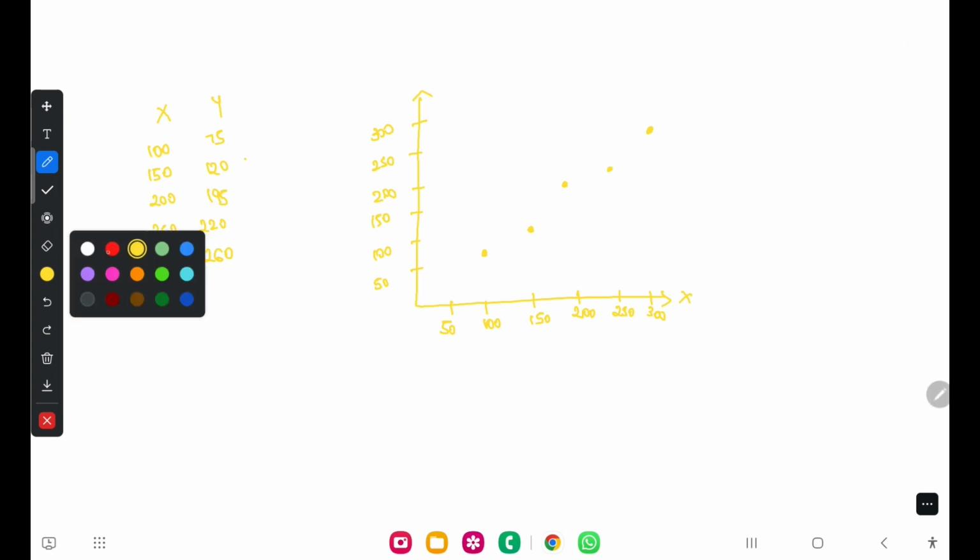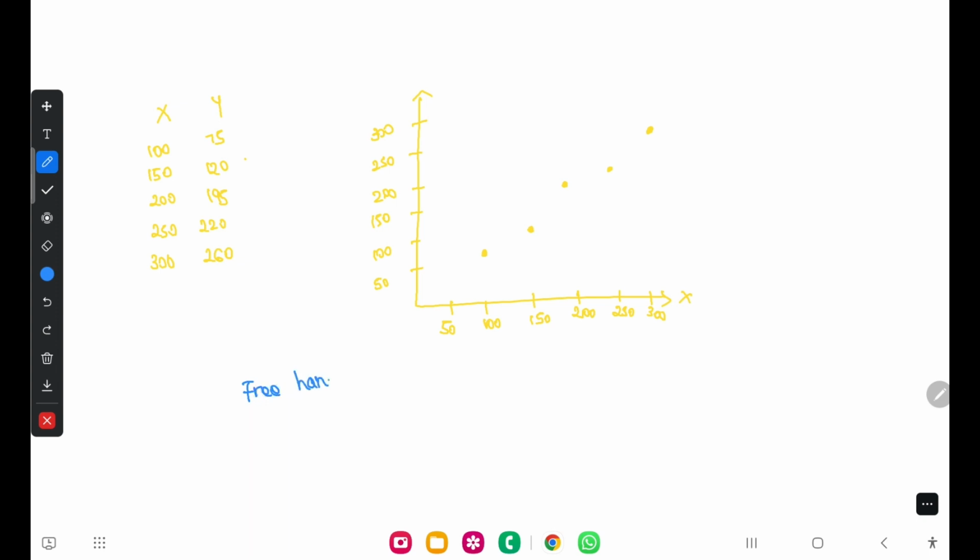One is called the freehand method. In the freehand method, by looking at the points, you draw a line making sure the distance between the points and the line is as minimal as possible. So this is called the freehand method.